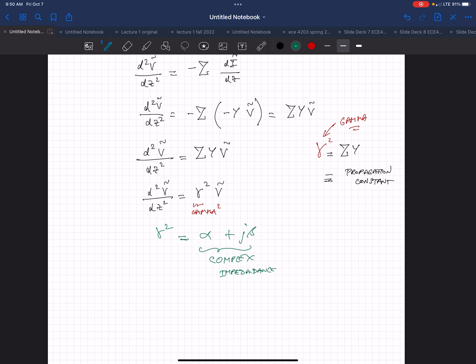So we're not just going to have a real impedance; we're going to have a real and imaginary characteristic impedance. And this is called the attenuation coefficient, and this is called the phase coefficient.